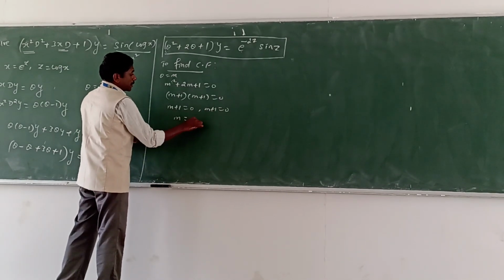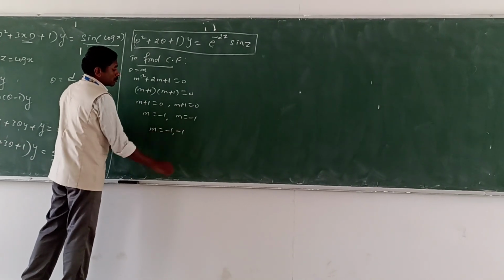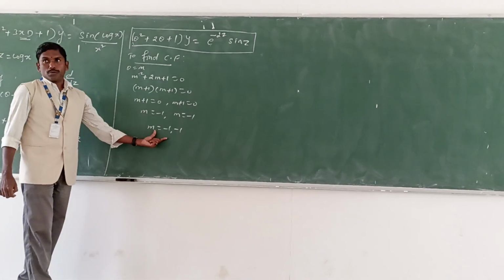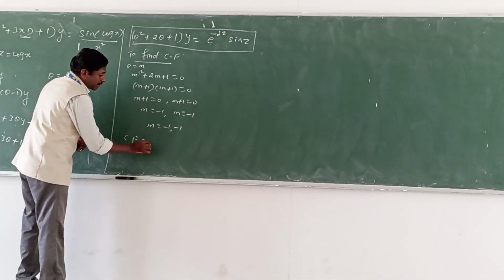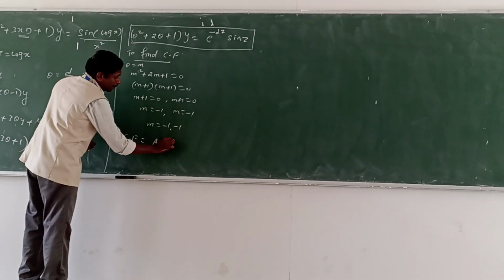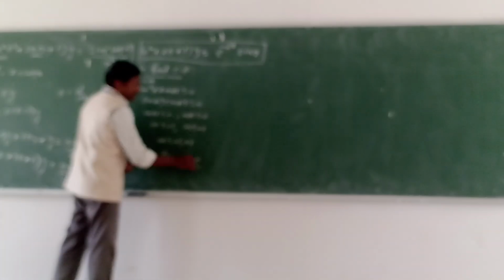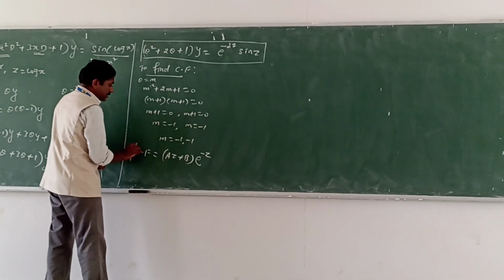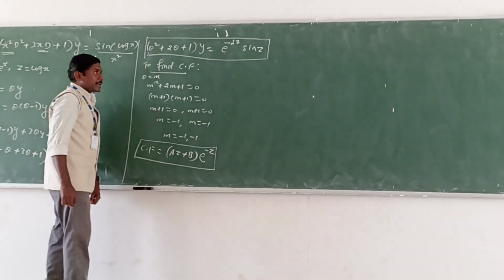So m equal to minus 1, m equal to minus 1. Both are equal roots. If two roots are equal, the complementary function CF equals (Az plus B) into e power az. Here a equal to minus 1. So the CF equals (Az plus B) into e power minus z.